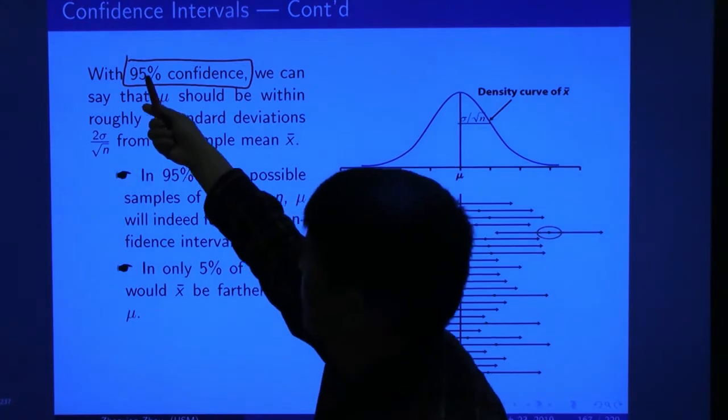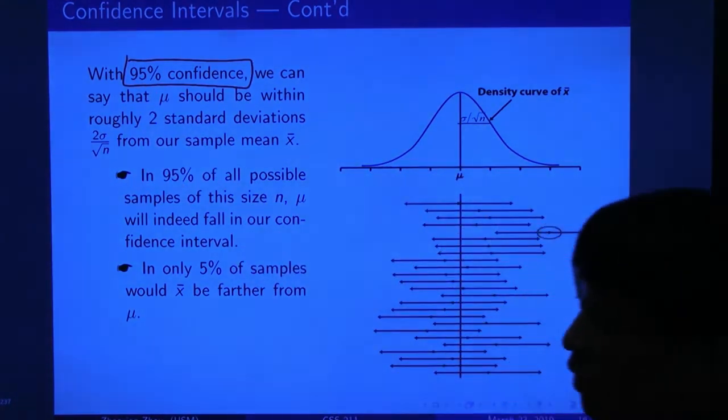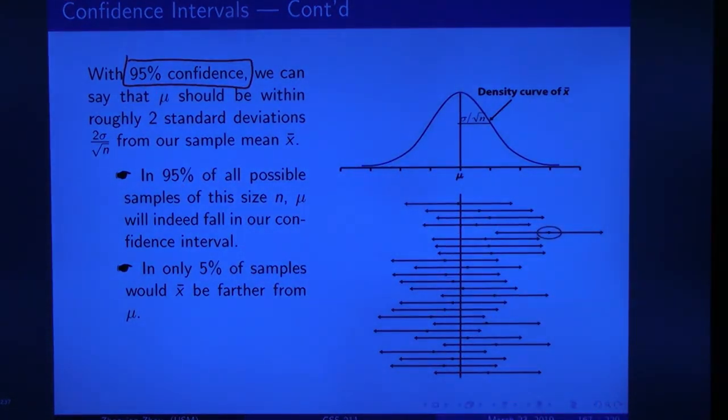This 2 depends on 95%. If we change this 95% to other numbers, this 2 will change. So in this example, 95% confidence, it will be roughly 2 standard deviations.